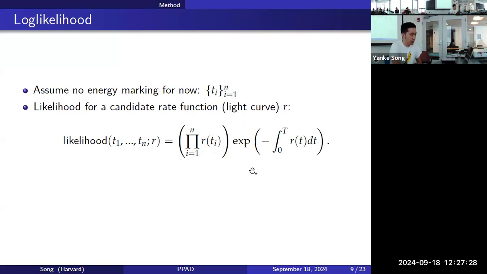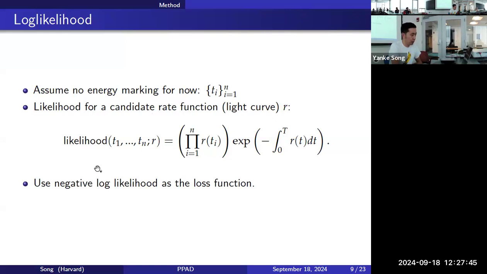And we have a second term, which is a negative regularization, the integral of the light curve over the entire time. One usually likes to maximize the likelihood, but if we rephrase it as a minimization problem, we can think of it as a loss function to minimize. So I'm using the negative log likelihood as a loss function.